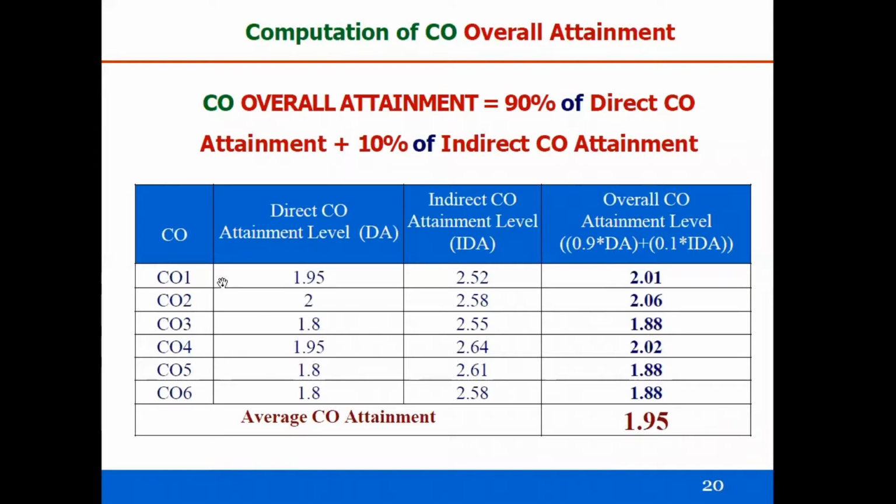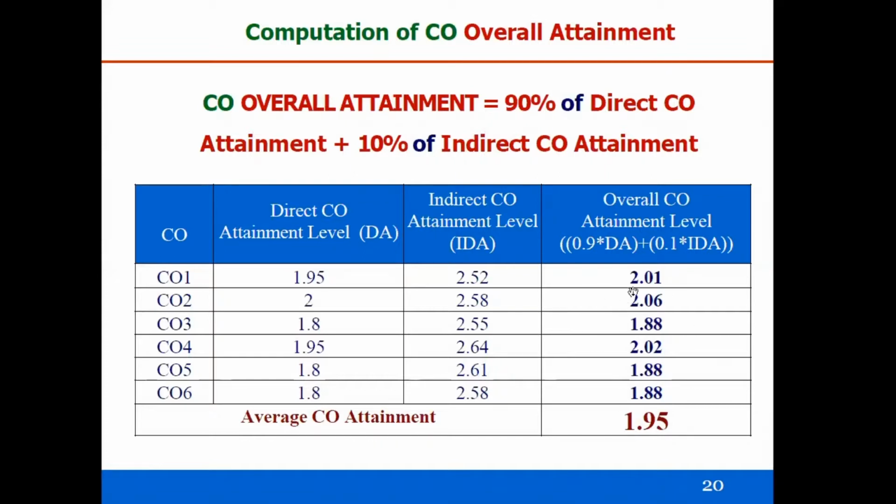So you can copy all these tables along with formula in Excel. Once you write this formula, you will get the values directly. Then CO5 0.9 into 1.8 plus 0.1 into 2.61. Here you will get 1.88. So then CO6 0.9 into 1.8 plus 0.1 into 2.58, 1.88.